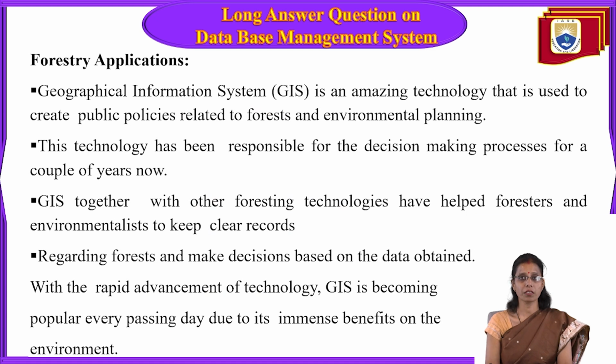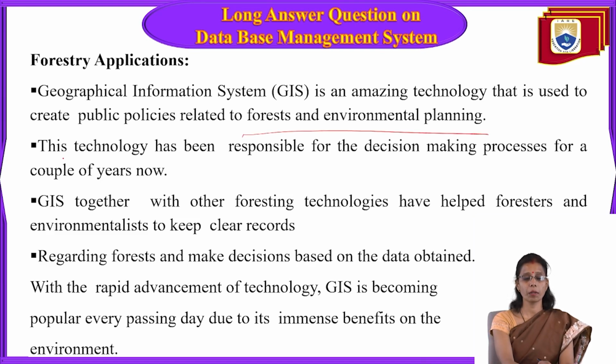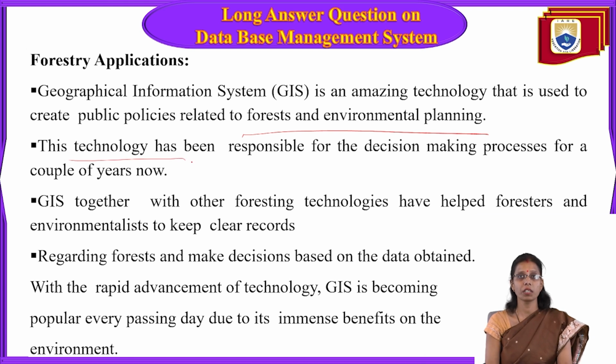Now, forestry applications. When we talk about forestry applications, the geographical information system is an amazing technology used to create public policies related to forests and environmental planning. This technology has been responsible for the decision making process for a couple of years now. GIS together with other forestry technologies has helped foresters and environmentalists keep clear records.